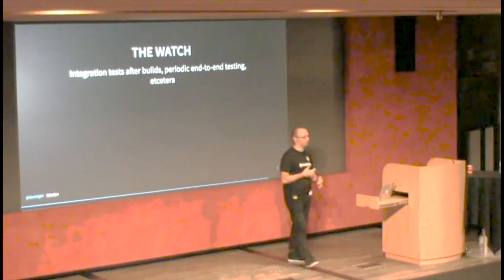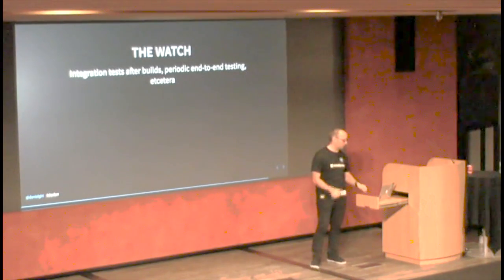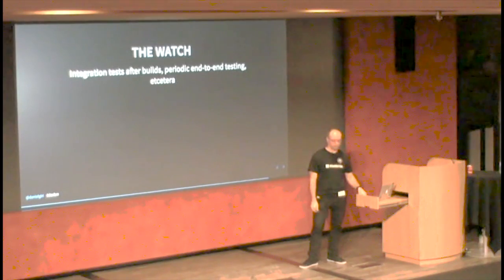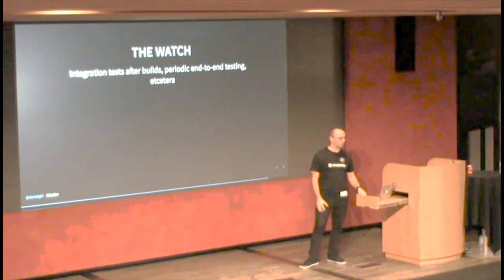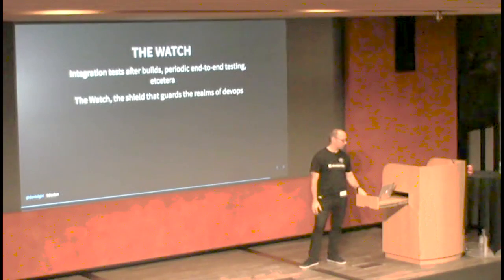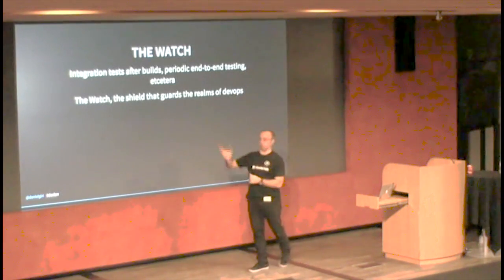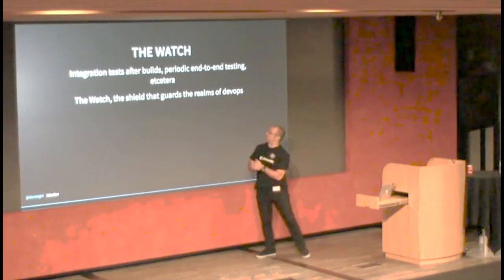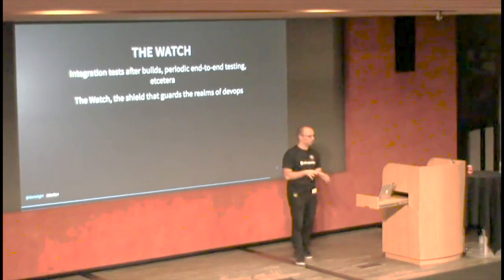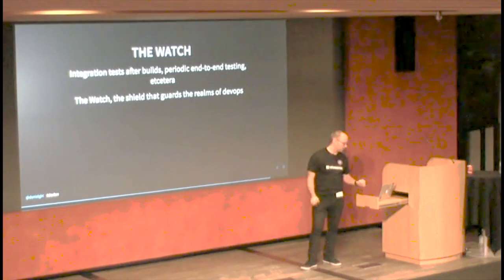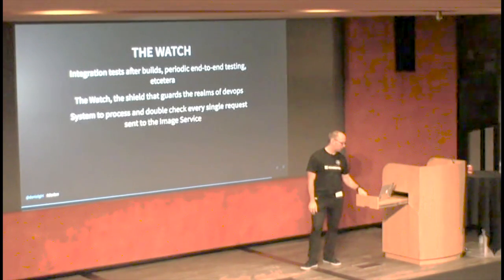That's fine. It tells you the system is pretty good. But we felt, and actually some of our engineers in Mexico said, we want to go beyond that. So we trust you that it works, but we actually set up the Watch, which is the shield that guards the realms of DevOps. I had to look it up, but it's cool, and they gave it a cool name.